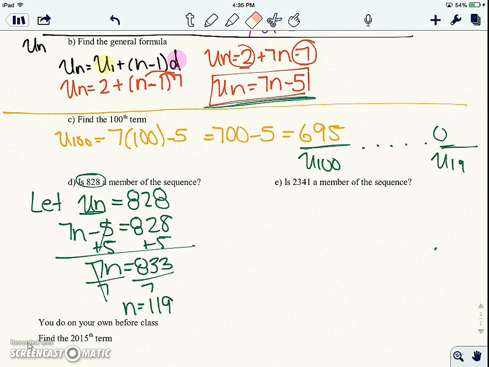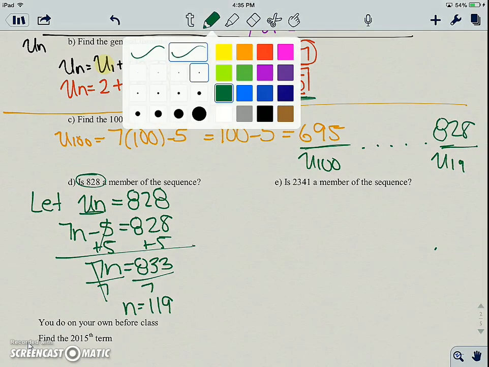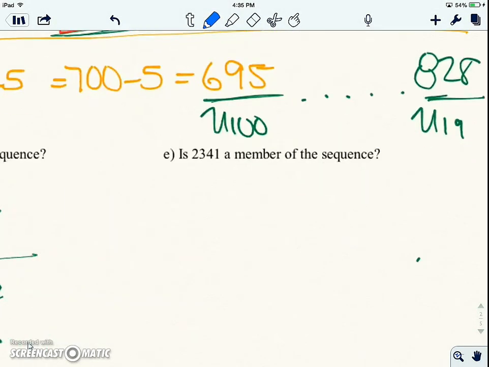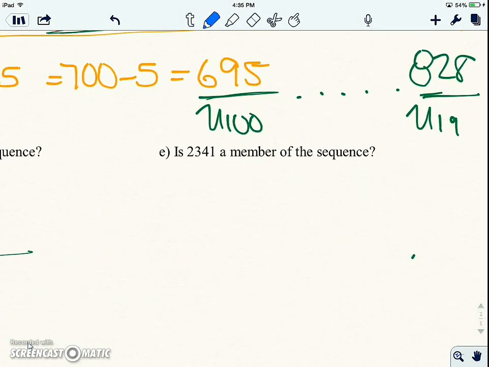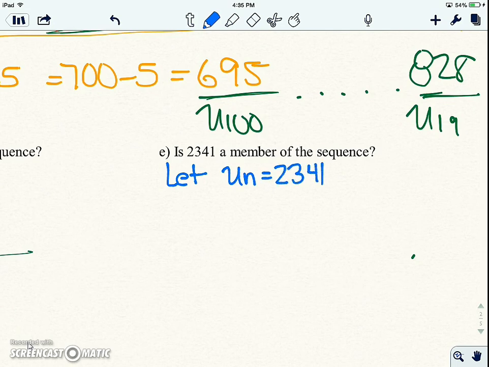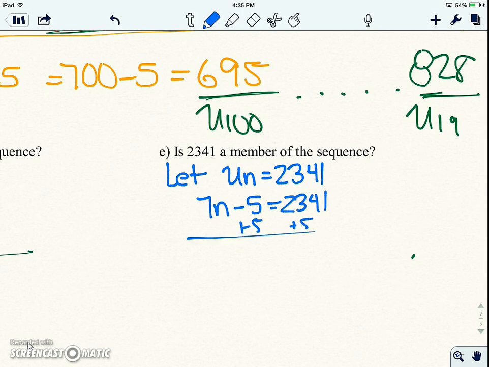Let's try one more. Is 2,341 a member of the sequence? So again, we start with let. And you have to say let because we're assuming it is, but we don't know. So we're going to let some number in the sequence equal 2,341. Plug in our formula, so 7n minus 5, that's substitution. Now solve, add 5 to both sides. 7n equals 2,346.